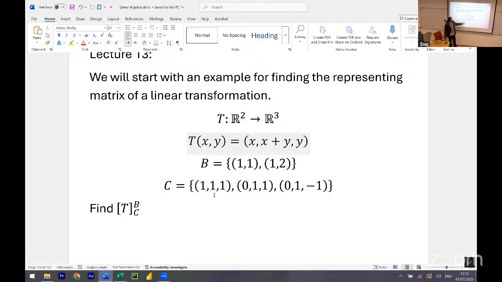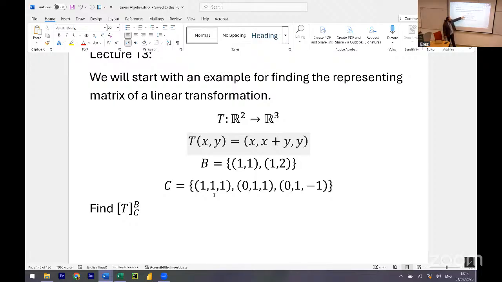The base that we chose for the domain is this. We could have chosen any base whatsoever. The base we chose for the image is this base. We could have chosen any base whatsoever. In linear algebra 2, you will learn how to choose the base wisely such that the matrix will be nicer, usually diagonal.